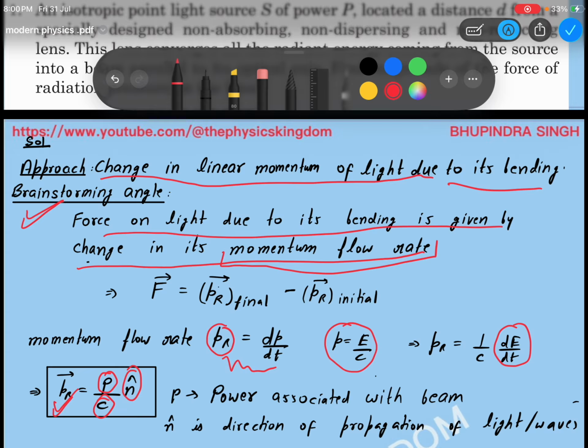This is a very important physical quantity. Whenever force on radiations is required, just write this formula: final momentum flow rate minus initial momentum flow rate. That's it, no exceptional case to it. Whenever force is required, you just apply this formula.